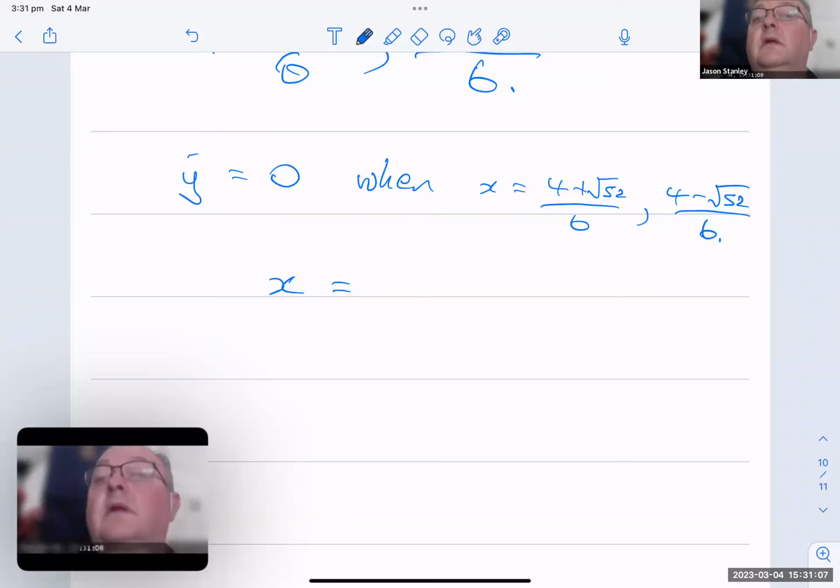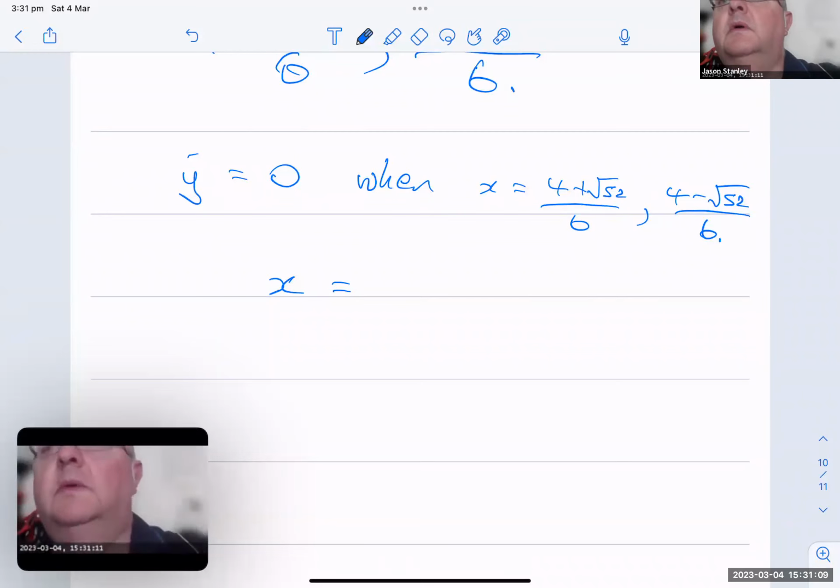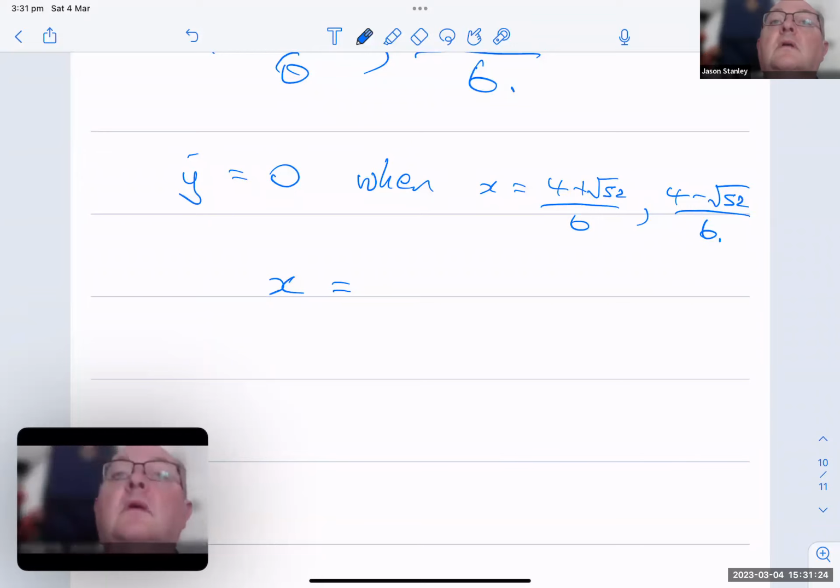I can't do that easily because I'm doing it on my other computer. So 52, take the square root of that, 7.2, put that in the memory. Now 4 plus that equals 11.2, divide that by 6.